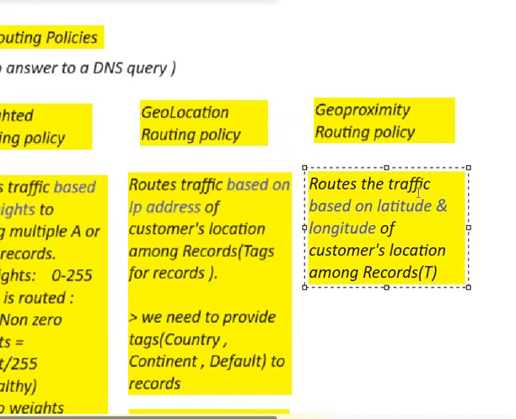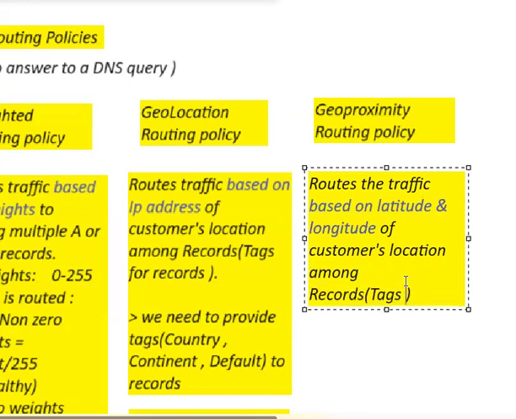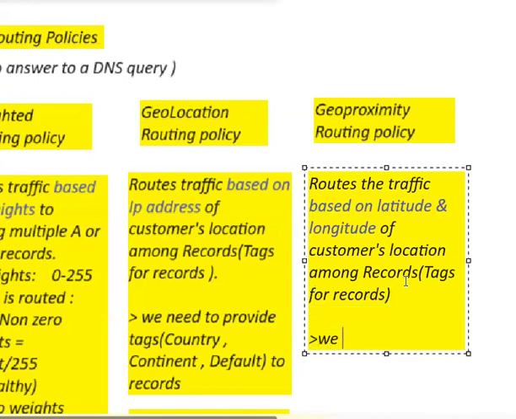In order to identify a particular record which has a particular longitude or latitude, do we need to provide tags? Yes. So here also we are using tags for our records.